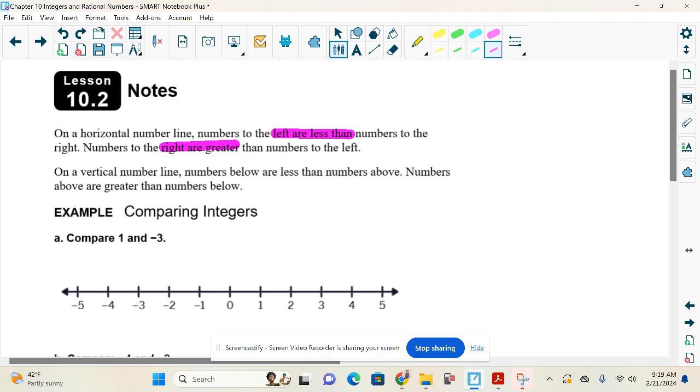If I'm talking about a vertical number line, those that run up and down, the ones that are below are less, and the ones that are above are greater. So like if you had a thermometer, y'all ever seen an actual thermometer that measures the temperature? The higher up it goes, the hotter it is.